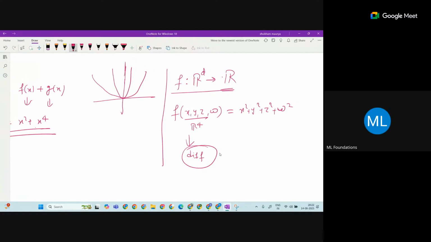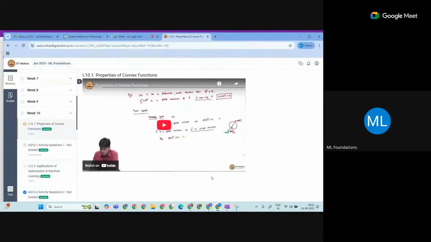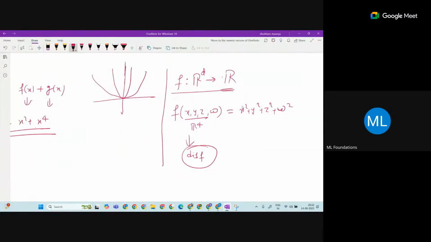The function is differentiable, and the next requirement is that it should be convex. It is very easy to see. This is a convex function because if you check with the Hessian matrix, you can easily get that it is convex.